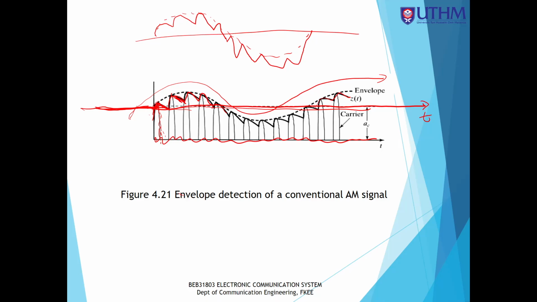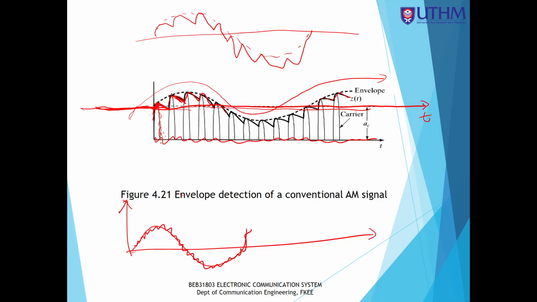Actually the signal will be like this, for example, but it is not smooth. So this is the output of the diode demodulator.